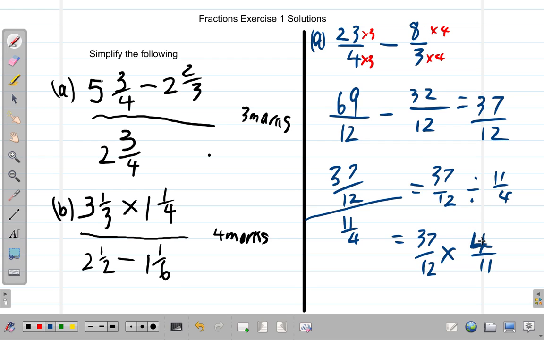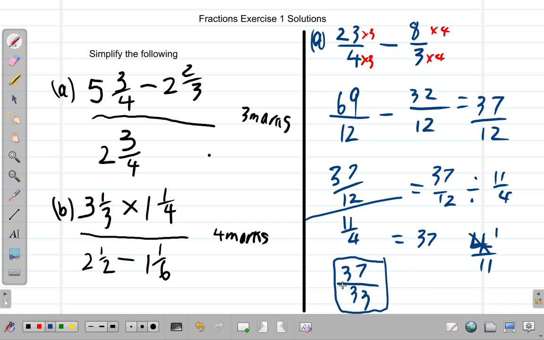Alright? So what you get, let's cancel down. You have 4 into 4 is 1. How many 4s do you have in 12? 3. So it's 37 by 1. Up top is 37 divided by 3 times 11, 33. So you have 37/33. You can write this as a mixed fraction by saying how many 33s do you have in 37?